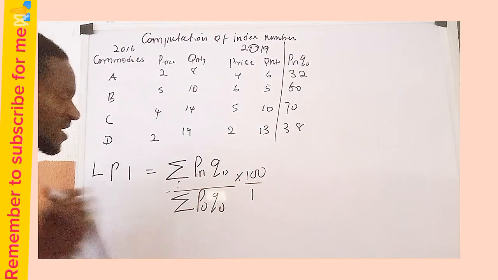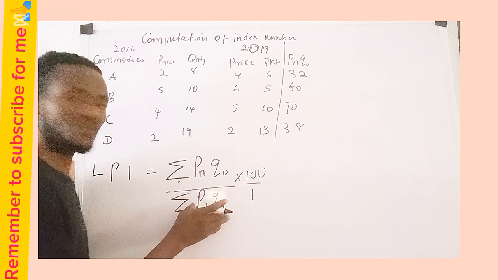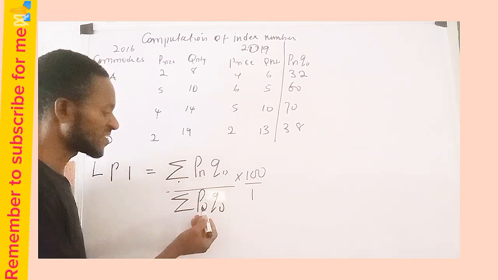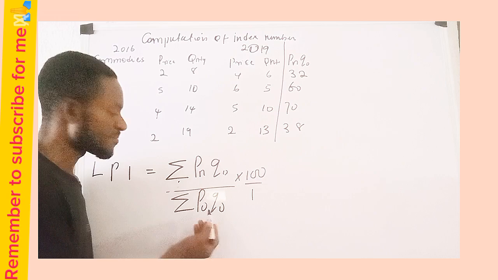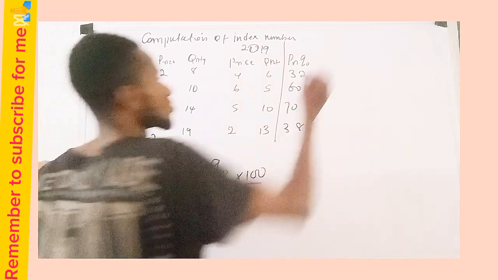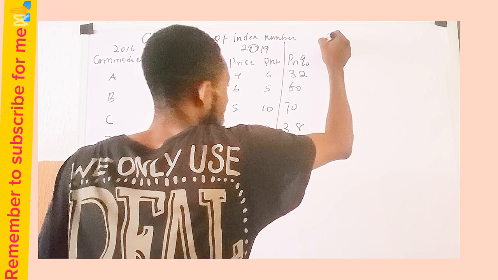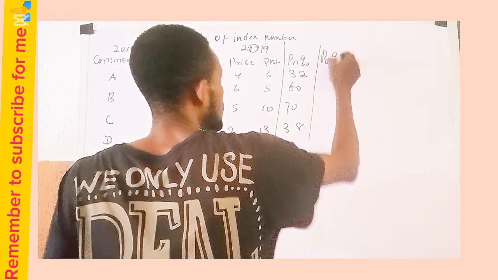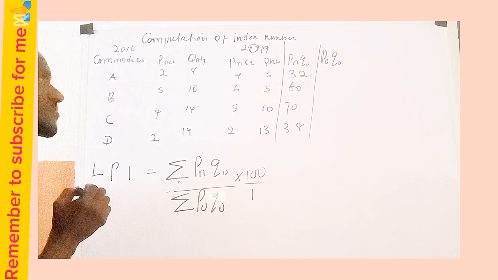That one is gone. I equally want us to look at the denominator. If you look at the denominator here, you find out that we have P_0 Q_0: price in the base year, quantity in the base year. So I'm going to have another column here. That column is talking about P_0 Q_0.